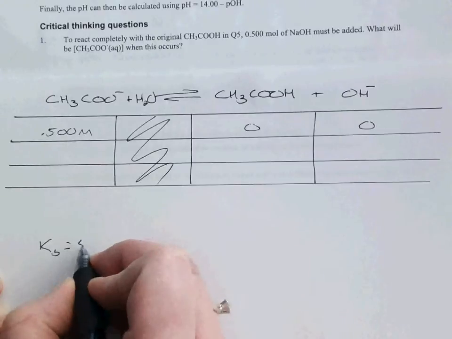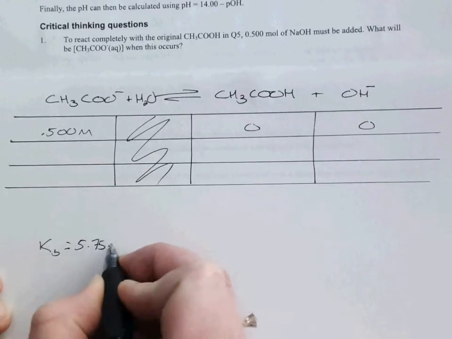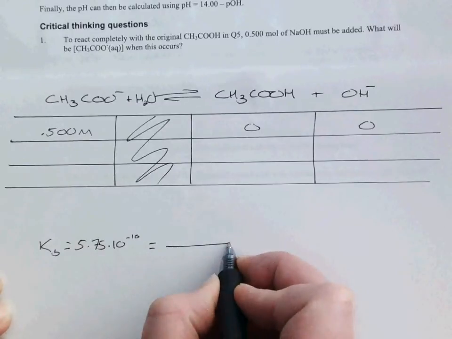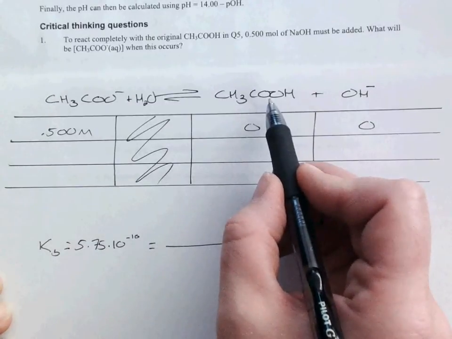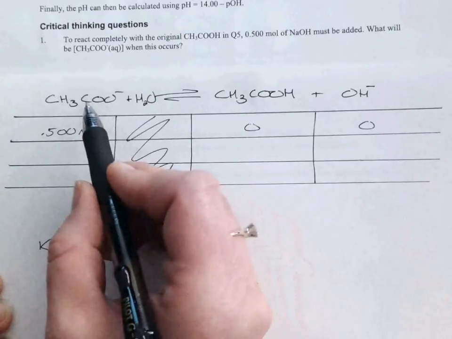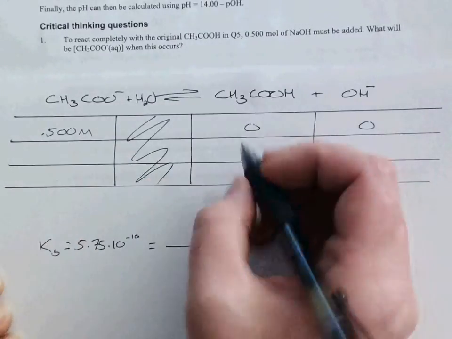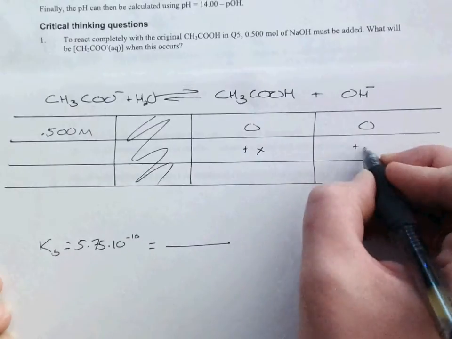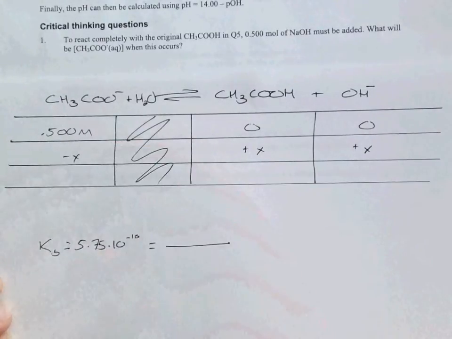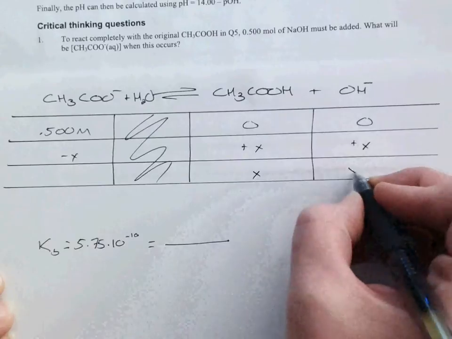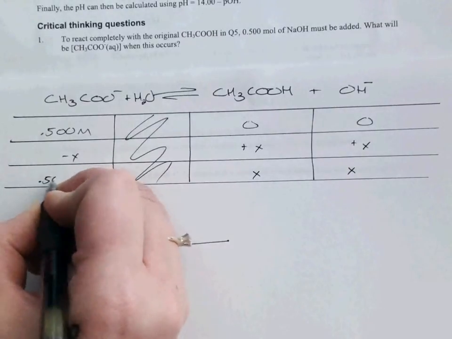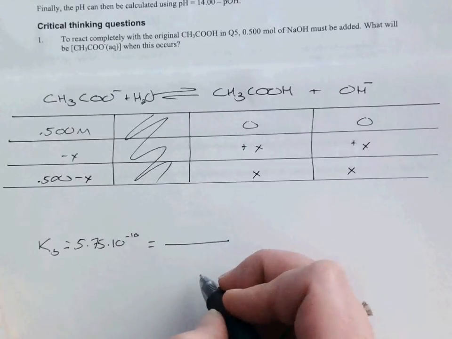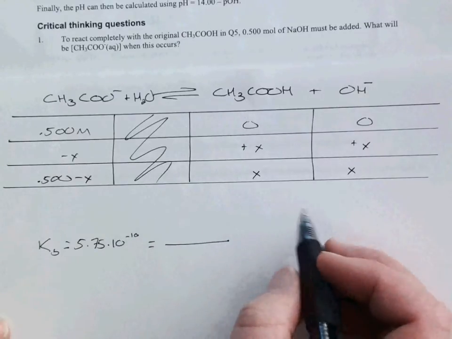Kb equals, and of course, Kb equals that guy and that guy over that guy at equilibrium. So let's make it do its thing. Plus x, minus x.